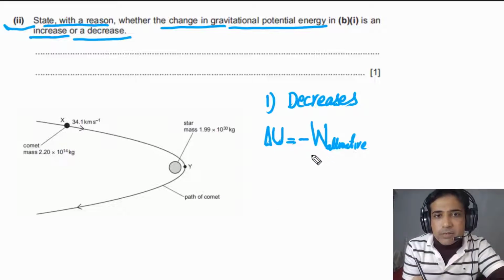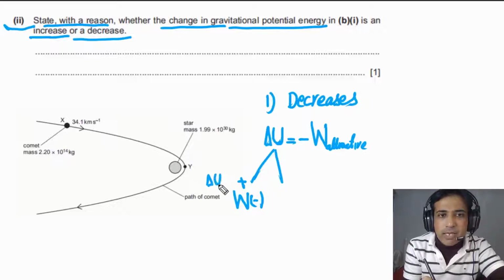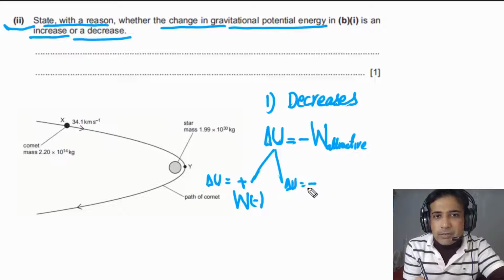So we can write down 2 points here. Change in gravitational potential energy is positive if work done is negative. If work done is negative, simply we can say delta U will be positive, and delta U will be negative if work done is positive.